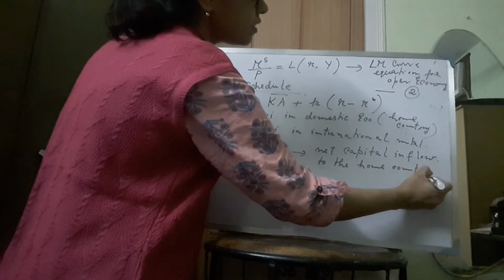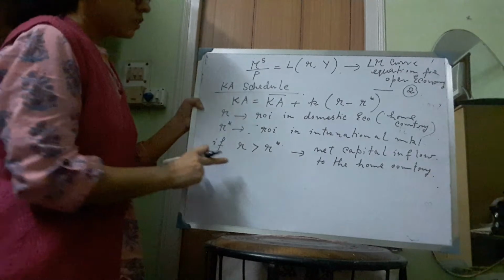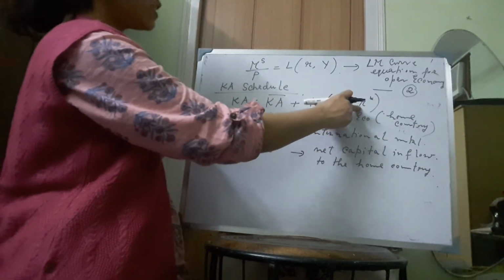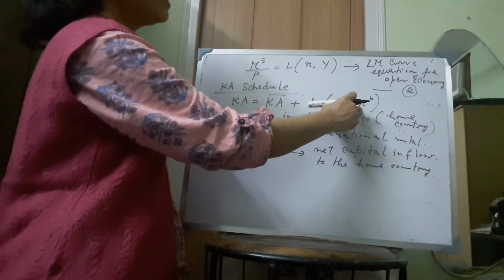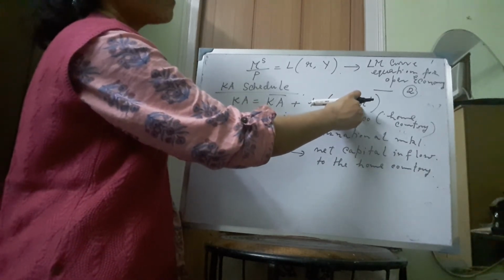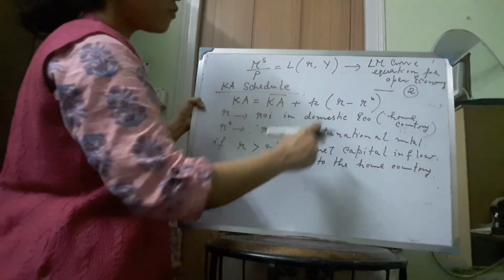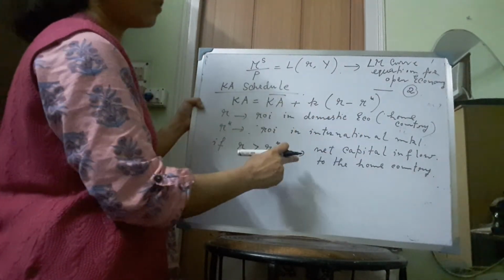So if the home country offers a higher rate of interest as compared to the internationally determined rate of interest, then investors from outside will come to the home country to invest, and therefore there will be a net capital inflow in the home country.